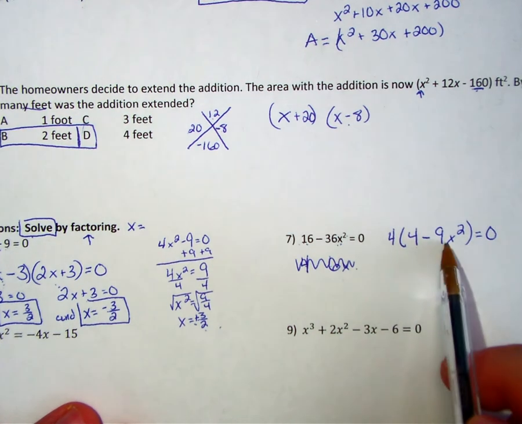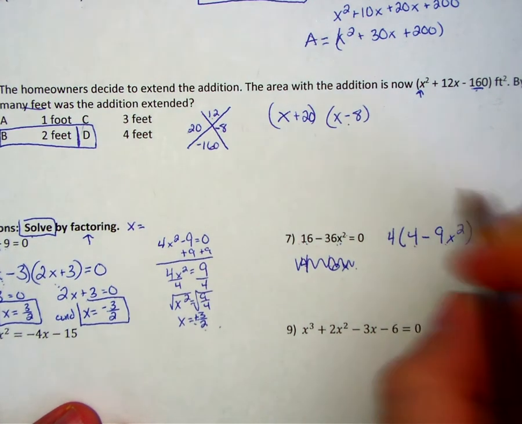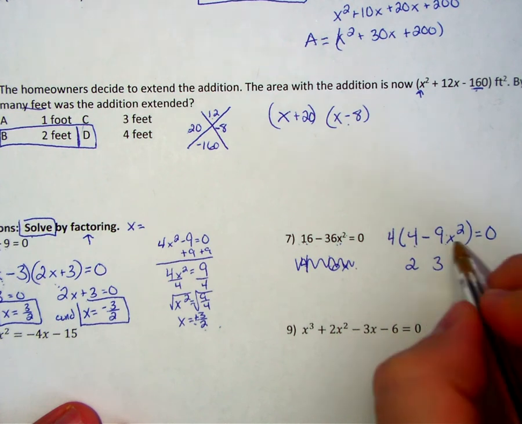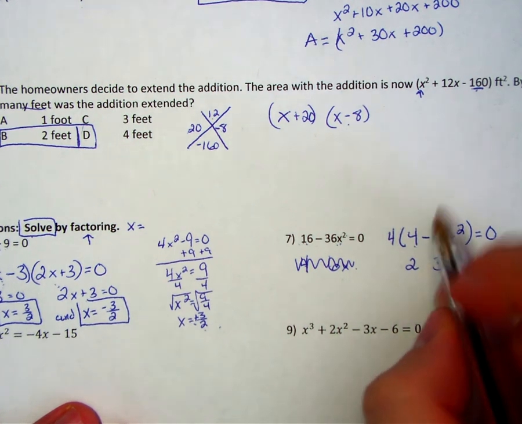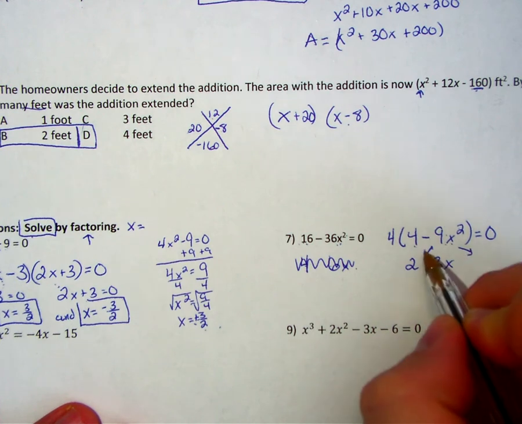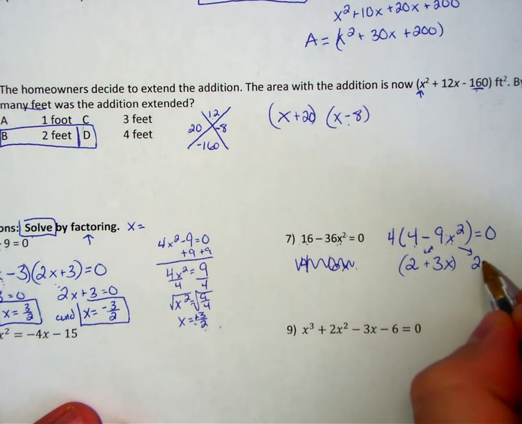Now, I still have a difference of squares, but we're going to end up with a simplified factored solution, which is what we are instructed to do in this unit. So the square root of 4 is 2. The square root of 9 is 3. The square root of x squared is x. And since we are breaking down the difference of two squares, I need one of those solutions as positive and one of those solutions as negative.